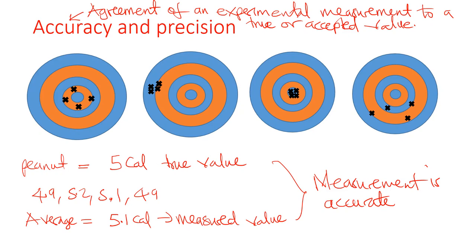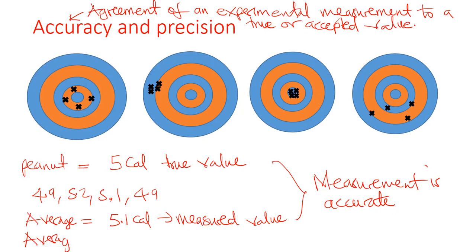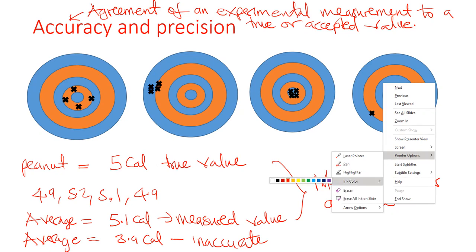But now, by some chance, if we get an average of, let's say, 3.9 calories instead of 5.1 calories, then we say this measurement is inaccurate because it is not close to the accepted value. That's the meaning of accuracy.